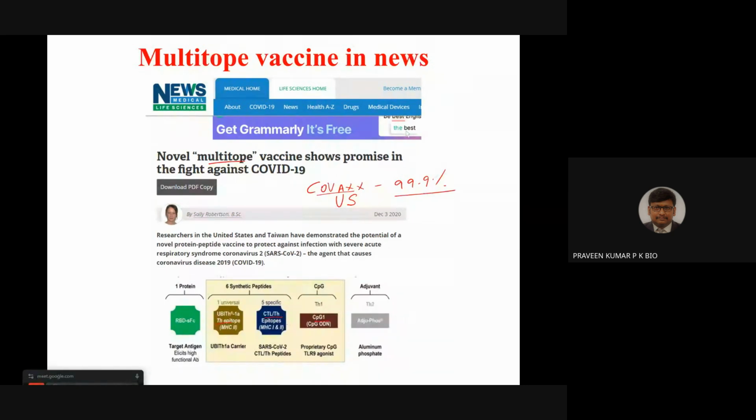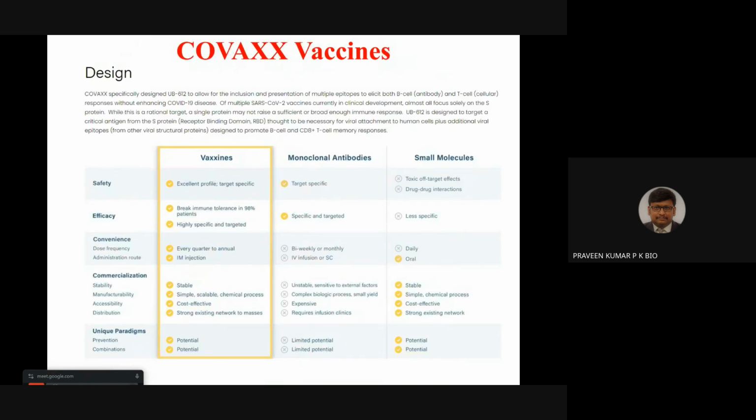And this is a universal peptide. Like how you find a universal primer, we have a universal peptide. And these peptides are specific to the viruses. Then it is also tagged with an adjuvant. The adjuvant is a helper T2 cell adjuvant, a kind of aluminum phosphate. So this kind of construct, what we call COVAX, showed more efficacy.